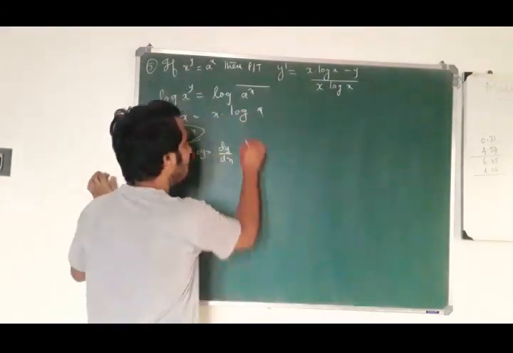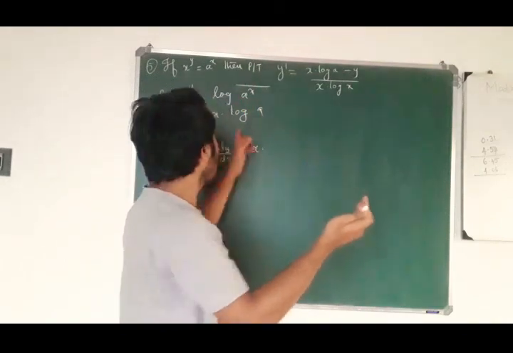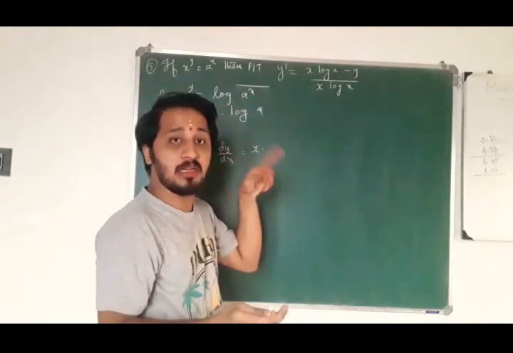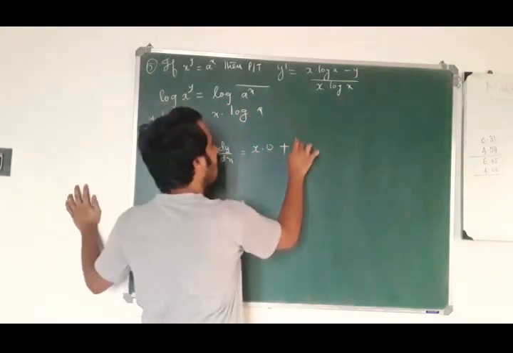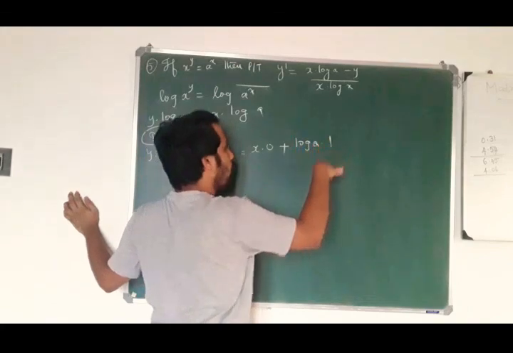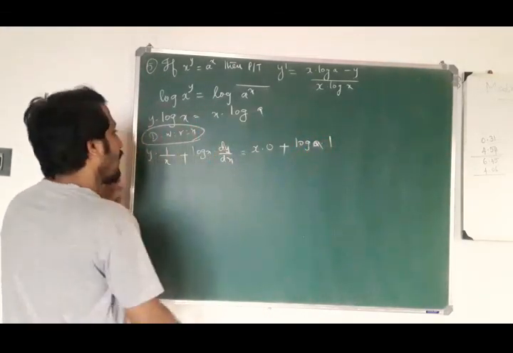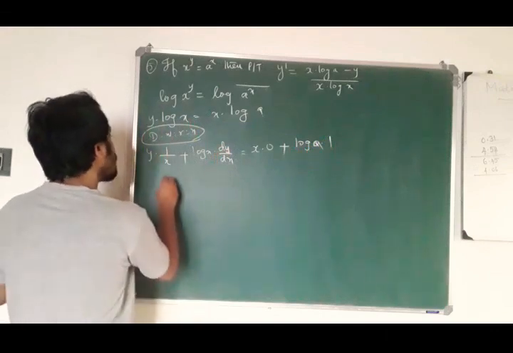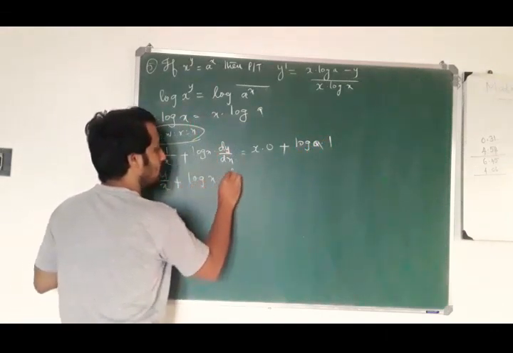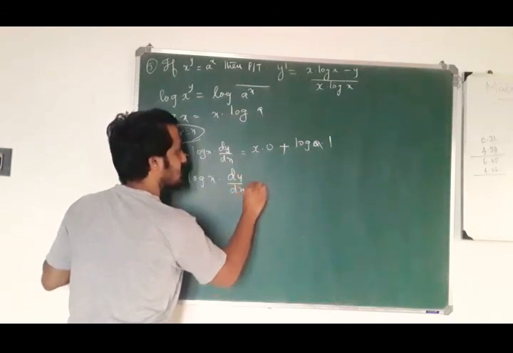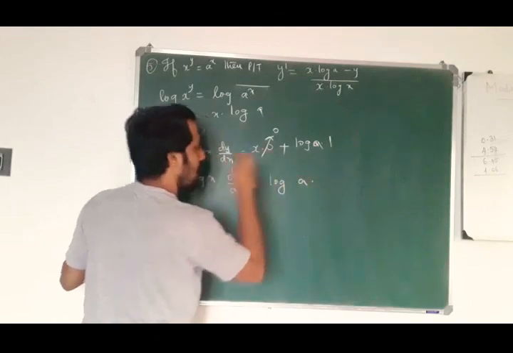So x into the derivative of log a, which is 0 since it is a constant, plus log a into 1. So y by x plus log x into dy by dx is equal to log a.